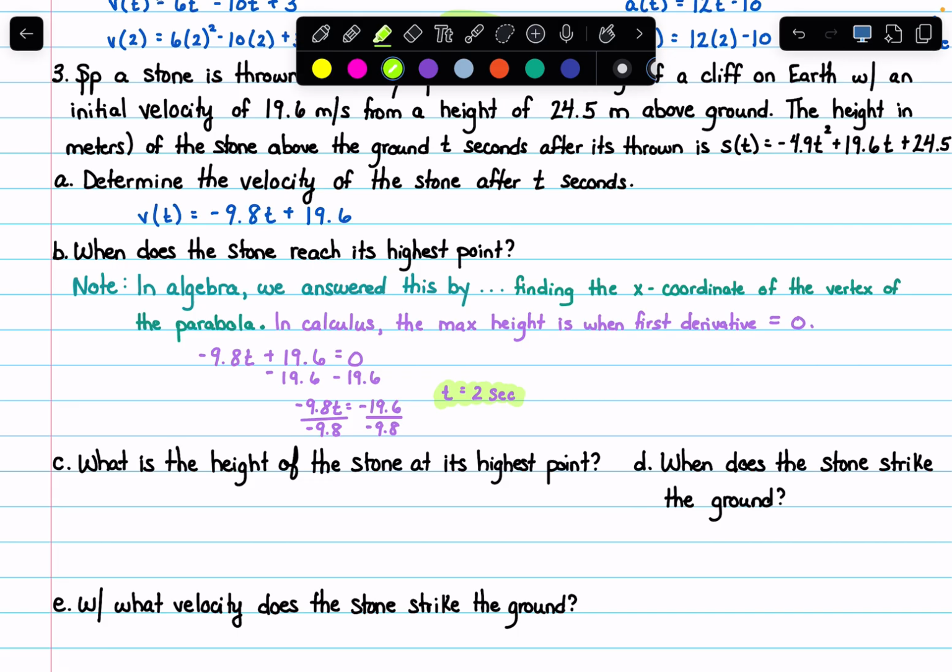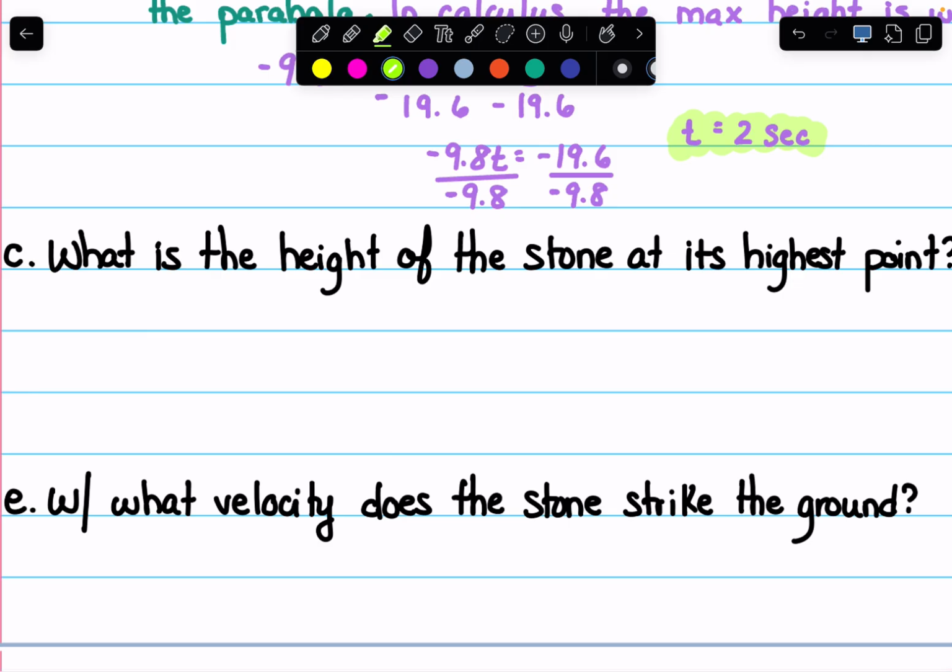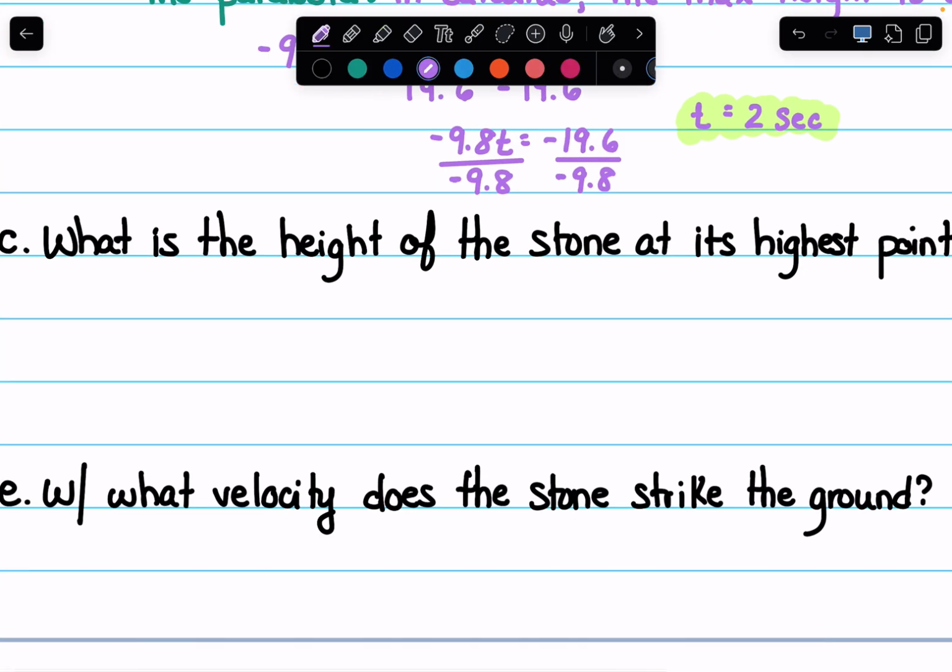Then it says, what is the height of the stone at the highest point? We already know when it reaches the highest point. But if we're looking for just the height of the stone at the highest point, this is looking for position.